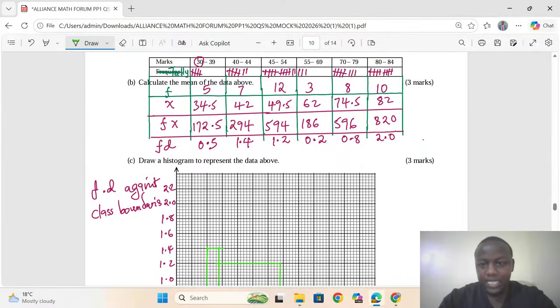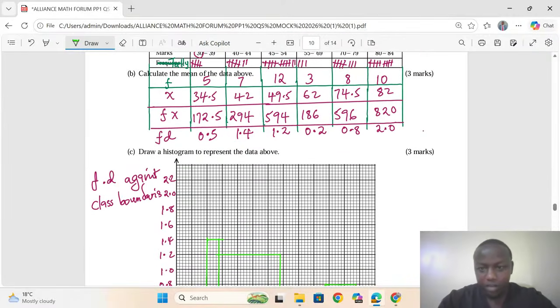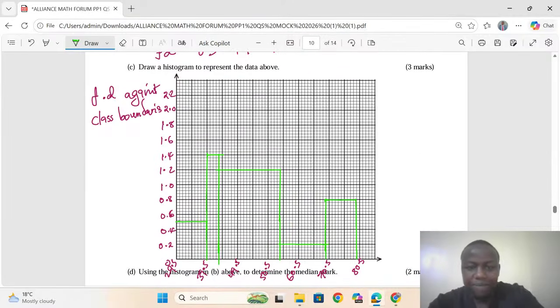So height 2.0 all the way to 84.5. Like that. See?